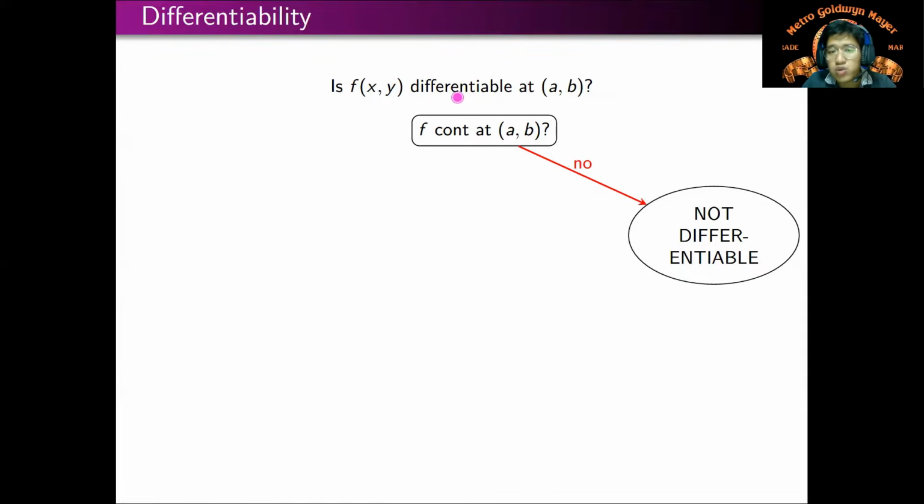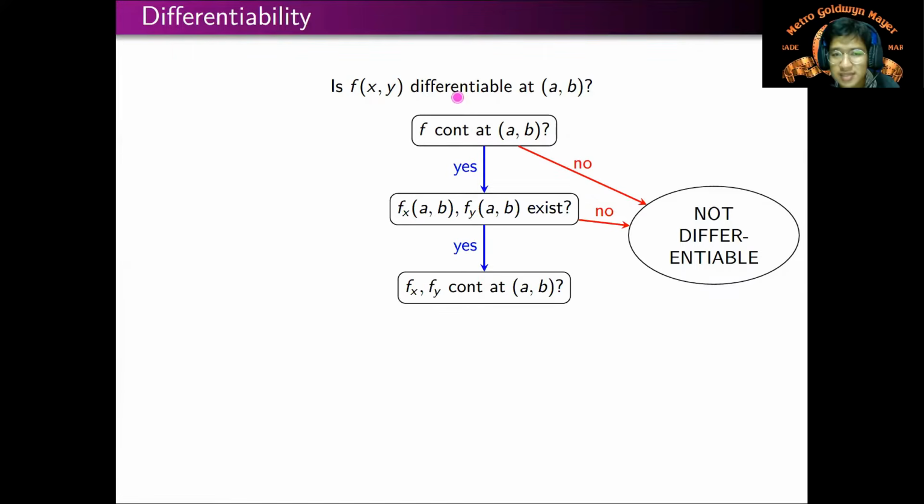And the next you can do if nag-continuous is check the first partials at the point. Kapag hindi nag-exist, hindi na naman differentiable, tapos ka na. Pag nag-exist yung first partials, wala ka pang masasabi, proceed ka sa checking for continuity. Check mo kung continuous yung first partials at ab. If continuous, by one of your theorems, differentiable.